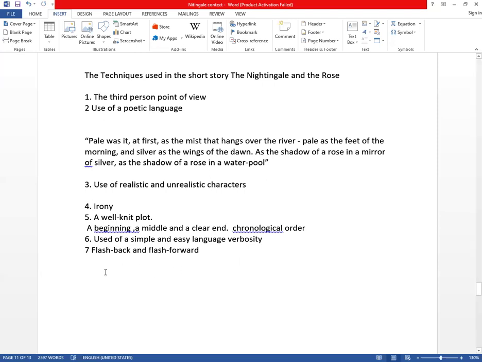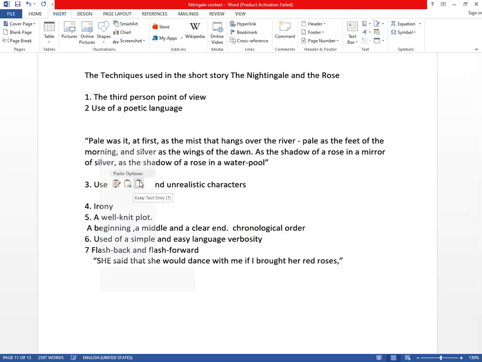The short story begins with a flashback about the professor's daughter's promise to the young student.